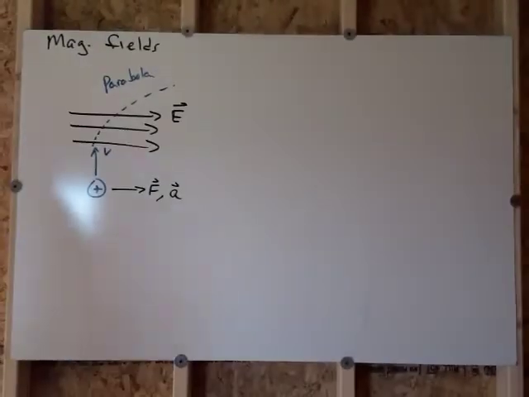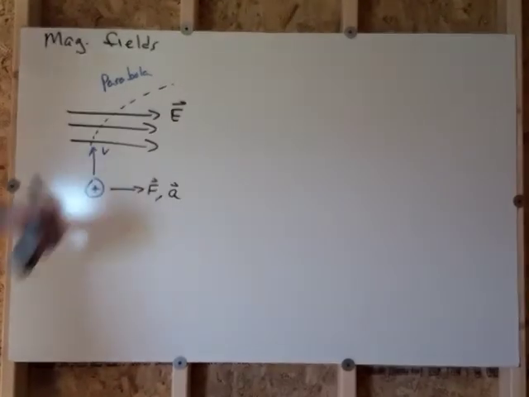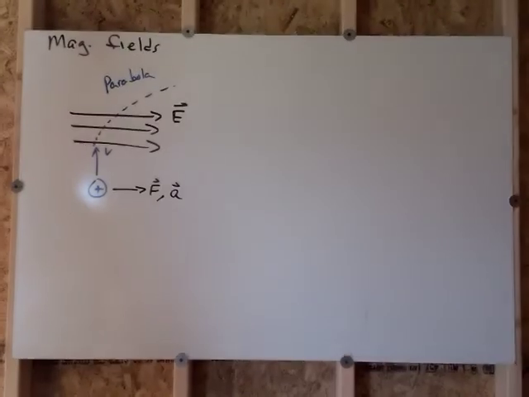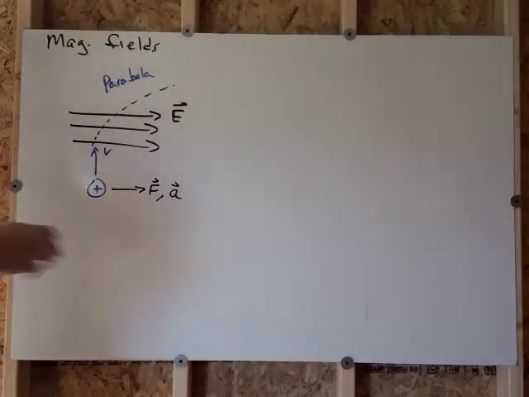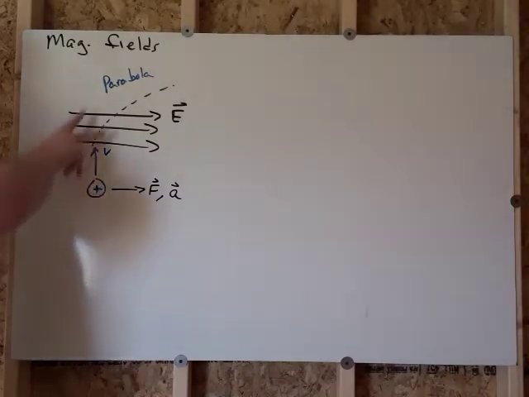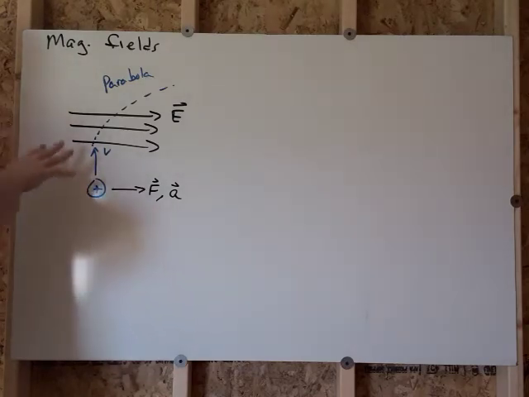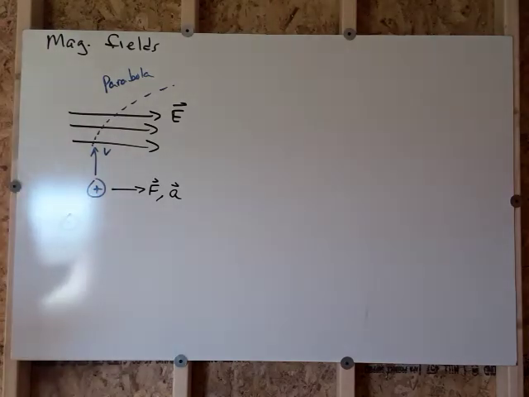Right? When you send it at some angle, it's still going to accelerate in the direction of the field. Now, there is an acceleration here, and that means this charge will get faster. It'll have a higher kinetic energy. So I'm going to mention this is a way of accelerating particles with electric fields.